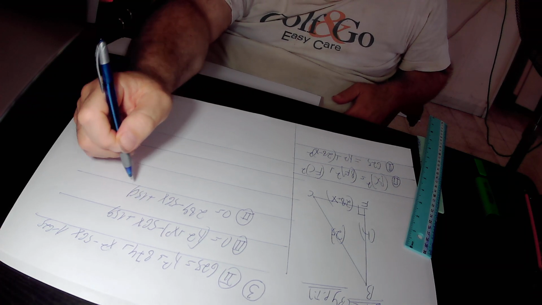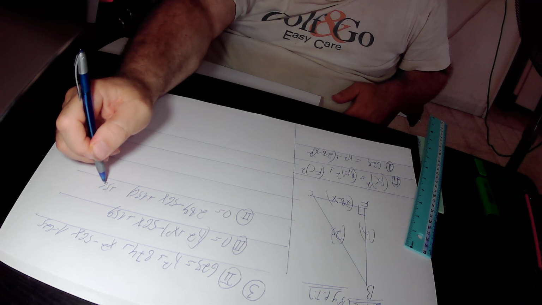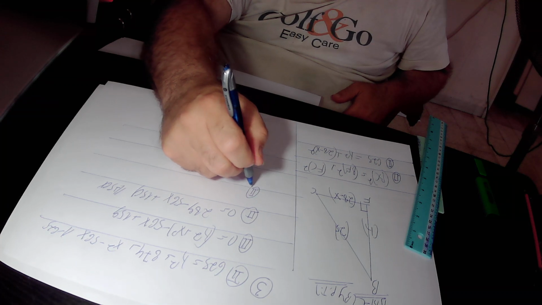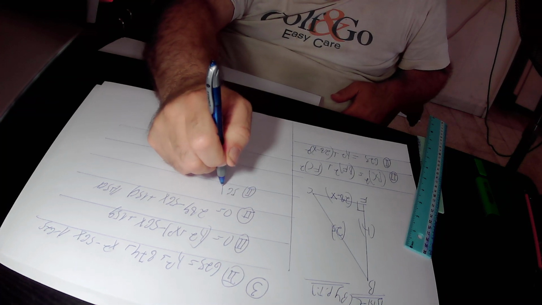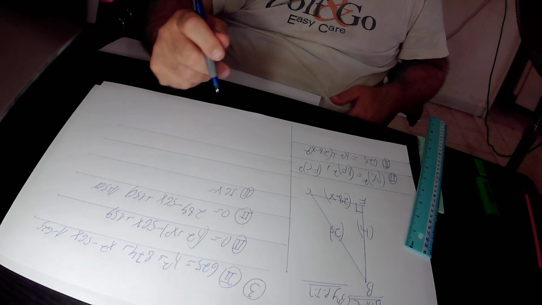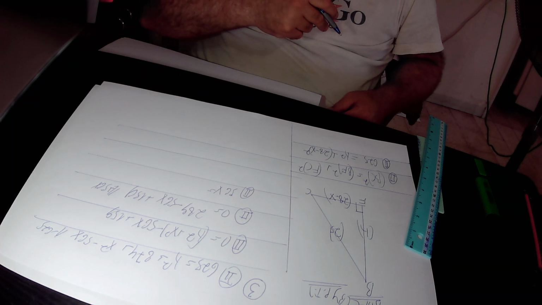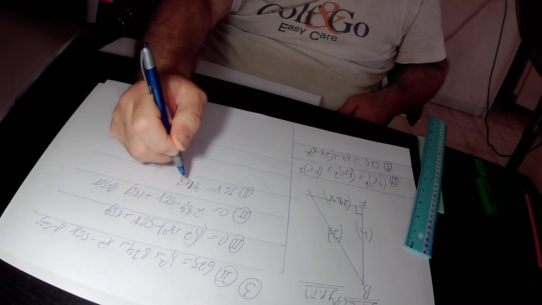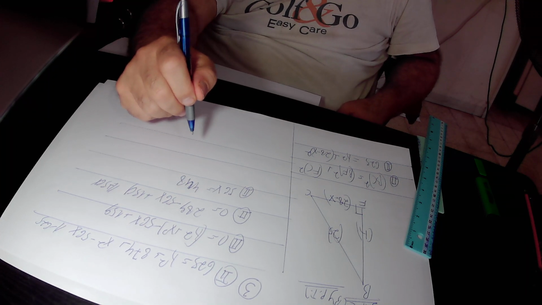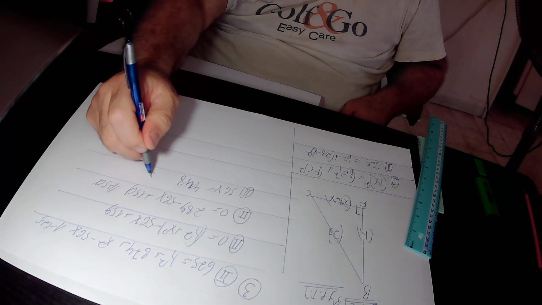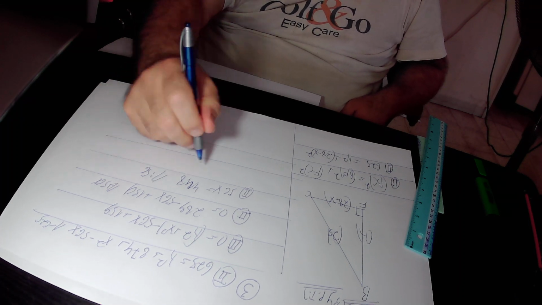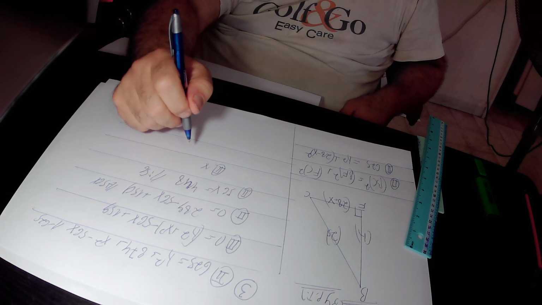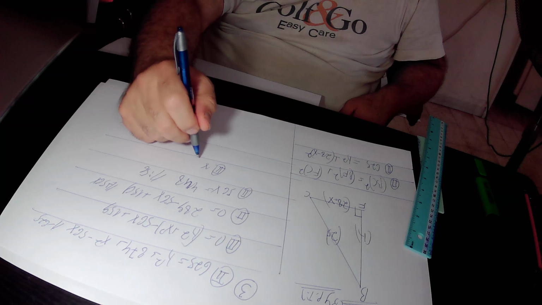Here we add 56X to the equation and get 56X equals 289 plus 159 equals 448. So 56X equals 448. Dividing by 56, we get X equals 448 over 56, which is 8. So X equals 8 units in length.